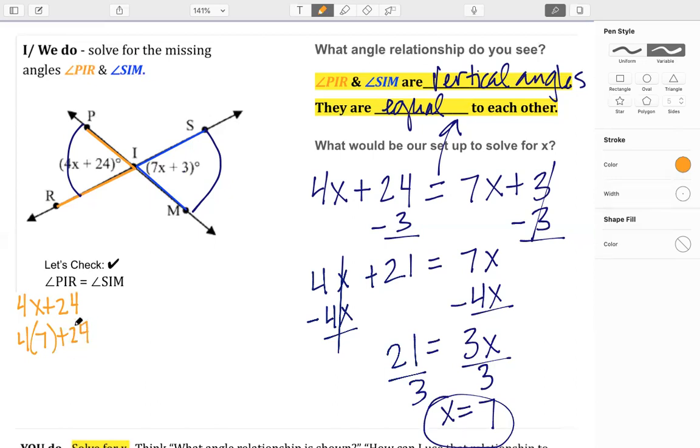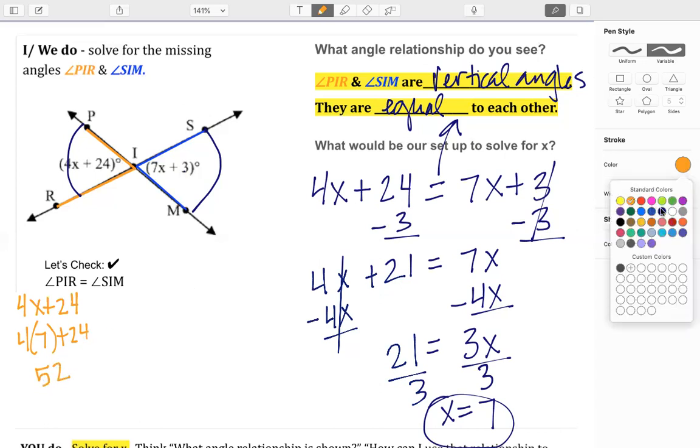And when we simplify, 7 times 4 and then plus 24, what do we get? Pause the video here. Absolutely, we get 52.